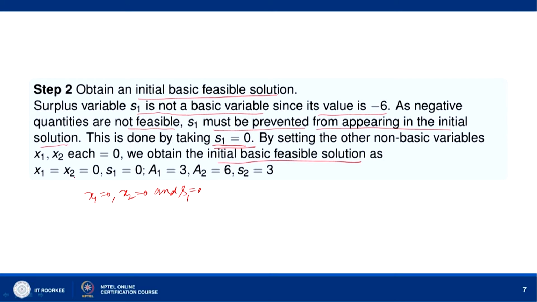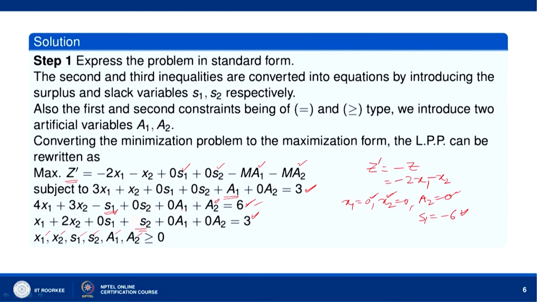With x1 equal to 0, x2 equal to 0 and s1 equal to 0, we obtain the initial basic feasible solution. Here you see x1 is 0, x2 is 0 and we are taking s1 equal to 0, so this equation gives a1 equal to 3. And here with x1 0, x2 0, s1 0, we get a2 equal to 6.